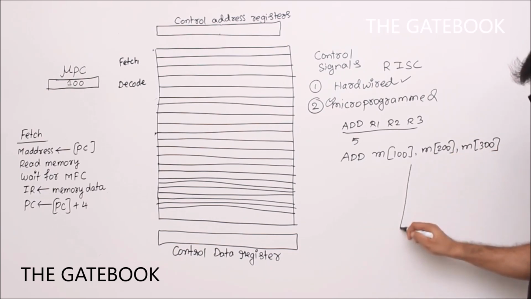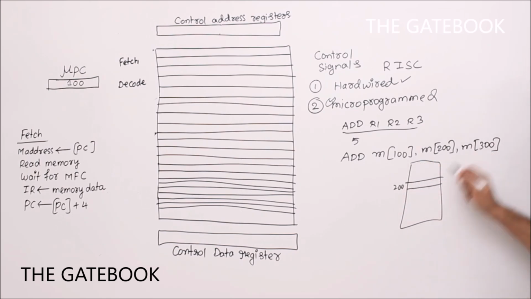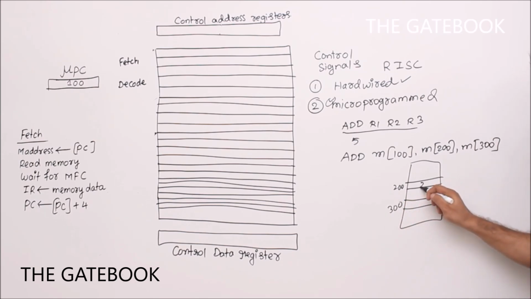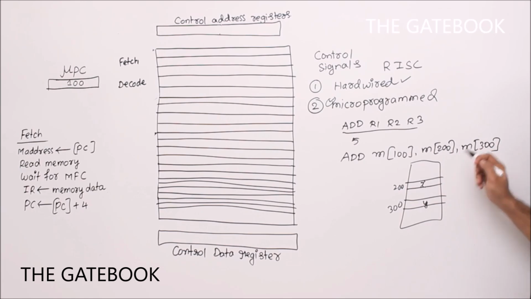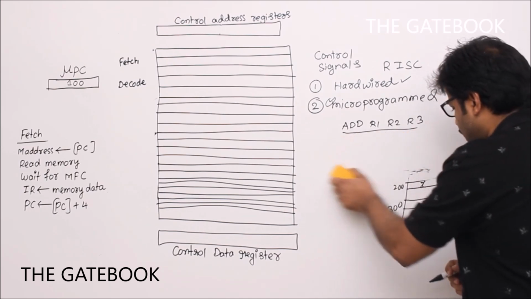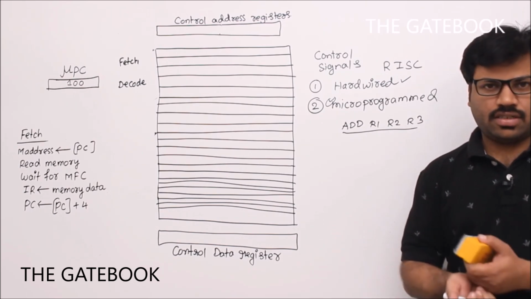Go to memory of 200 and memory of 300 and fetch the operands, say X and Y. Then add them; we need an adder circuit, X plus Y. Then store it in memory of 100. How complex this instruction is. To execute it, you need a lot of cycles, correct? This kind of instruction is generally called a CISC instruction. You might require more than 5 stages to execute it.